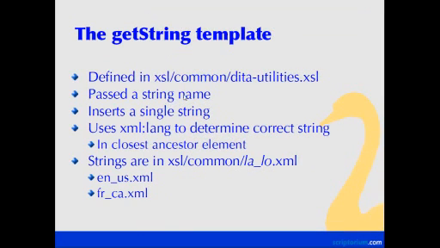So as I said, when you call getString, you pass the string name and it inserts a single string. And of course, it uses the xml:lang to determine which language the string is.